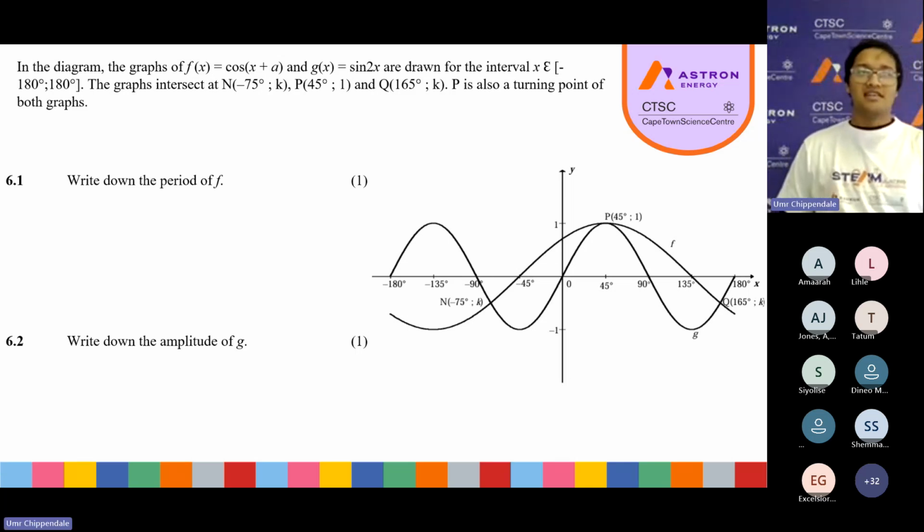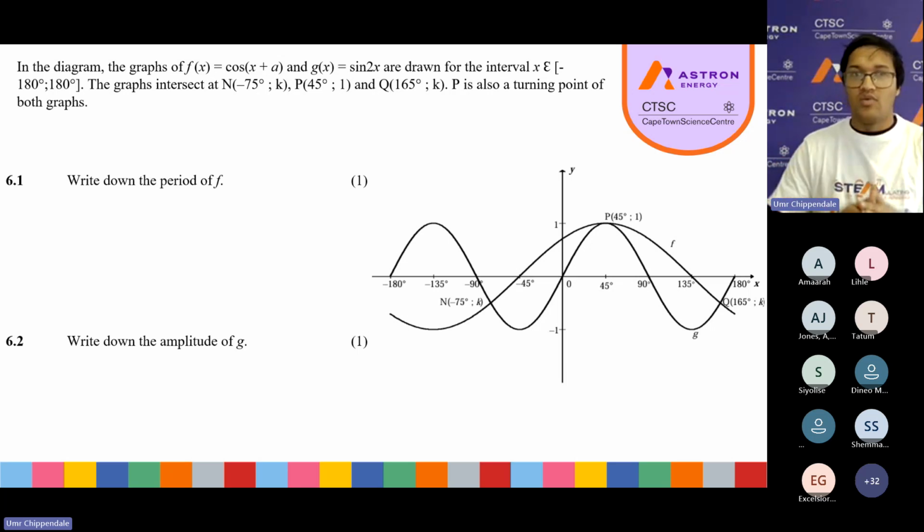The graphs intersect at N, which is point N, where the x value is negative 75 degrees, a y value of k, and then P and Q have coordinates given over there. P is also the turning point of both graphs.